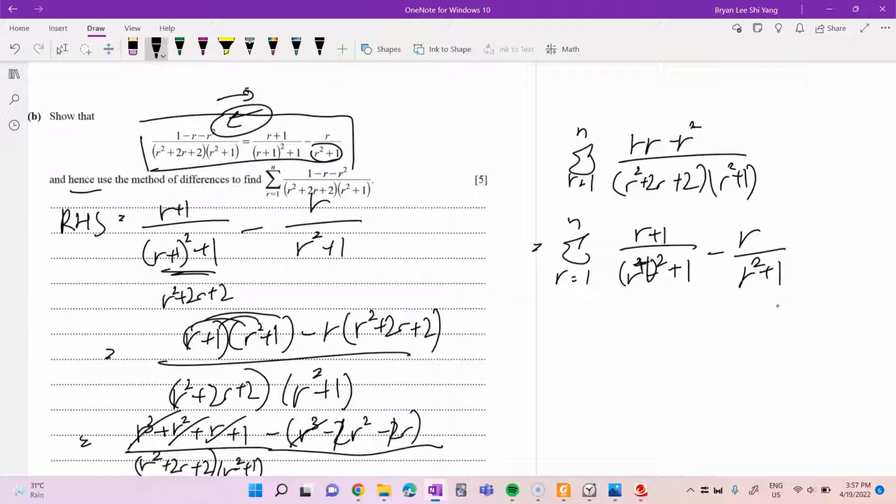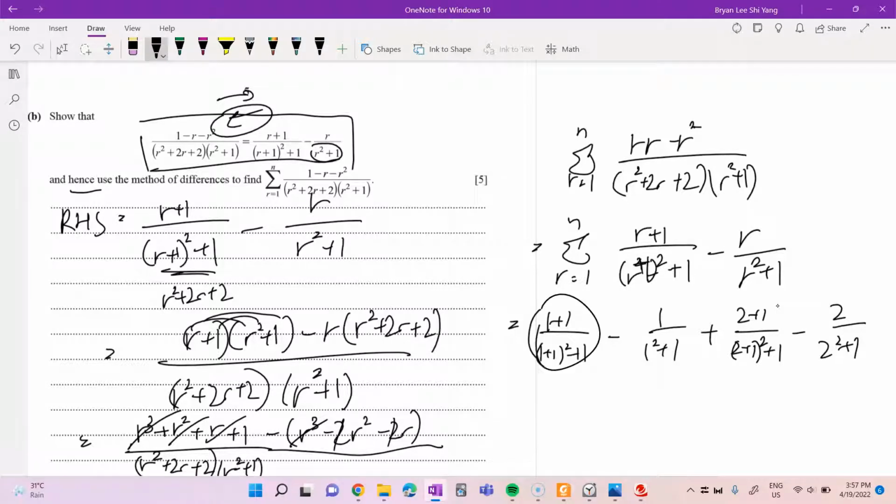So the method of differences would be something like 1 plus 1 over 1 plus 1 squared plus 1, minus 1 over 1 squared plus 1. And then you plus 2 plus 1 over 2 plus 1 squared plus 1, minus 2 over 2 squared plus 1. But then what you see is this term perfectly matches up with this term. Then, of course, this term will also match up with the next term if I write one more.